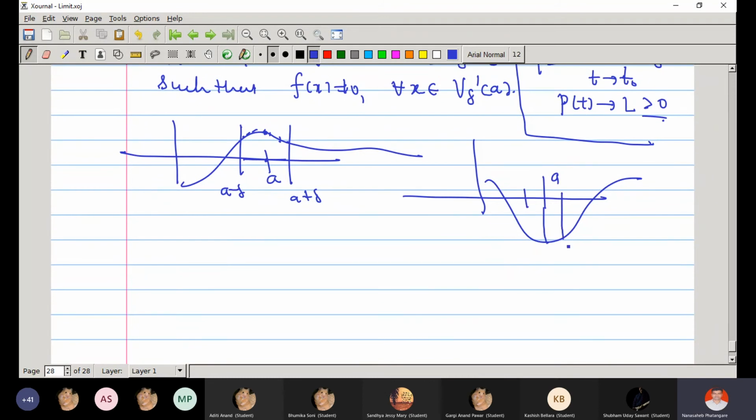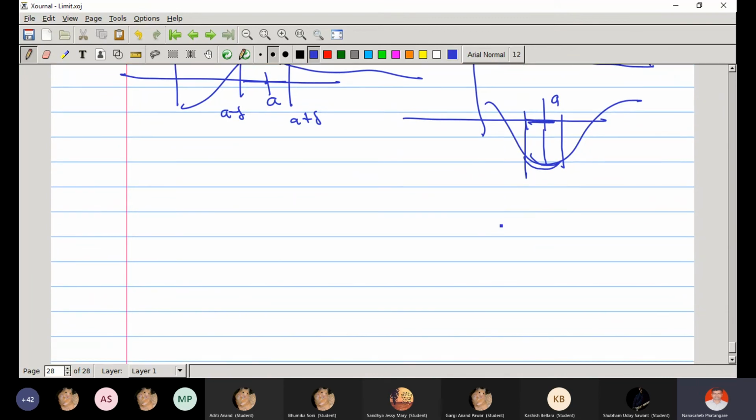That means there is a neighborhood. In that neighborhood already the function is negative, for some range. A may not be a member, so we cannot say anything at a, but near a, in the neighborhood of a, we are sure. At a, we are not sure, because the function may not be defined at a.